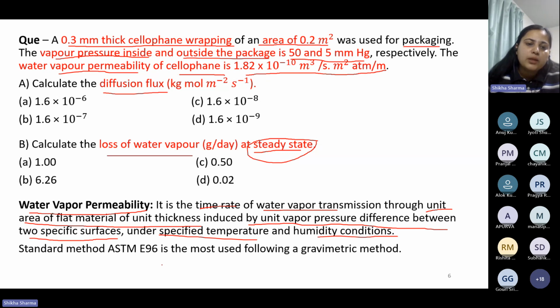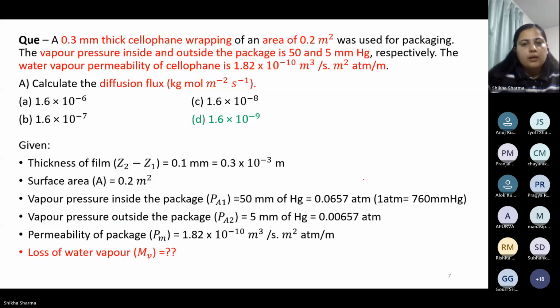Water vapor permeability is measured by the standard ASTM method, ASTM E96, which follows the gravimetric method. So let's solve the first part.